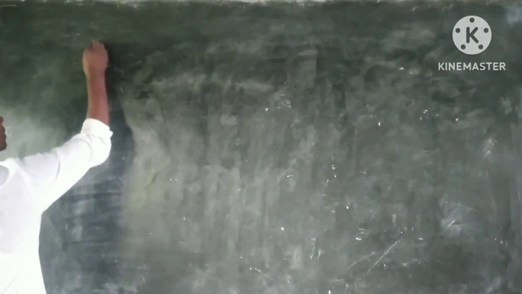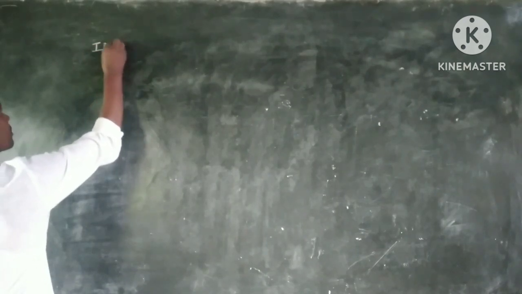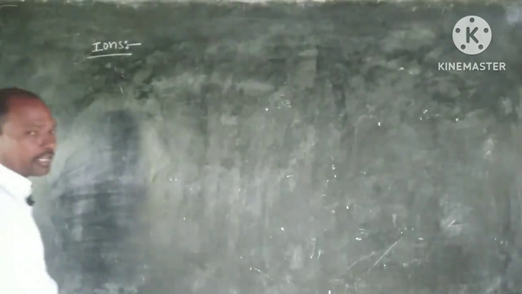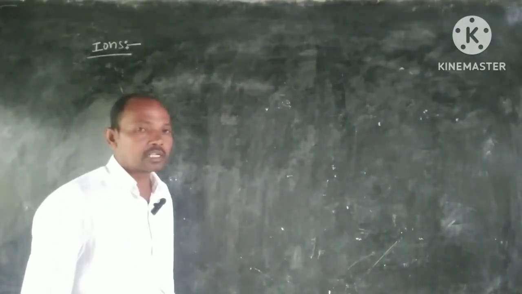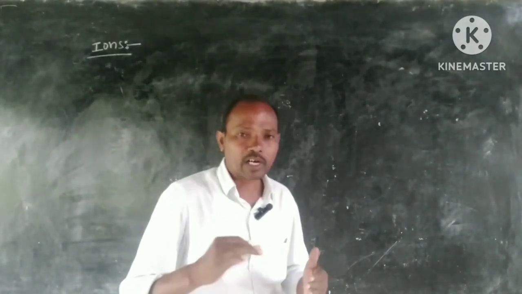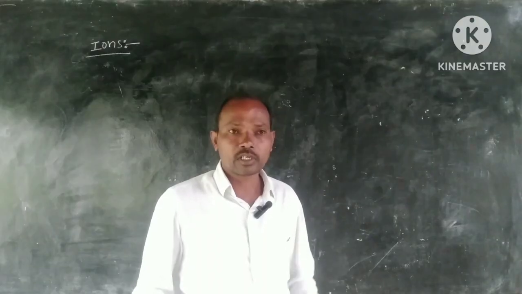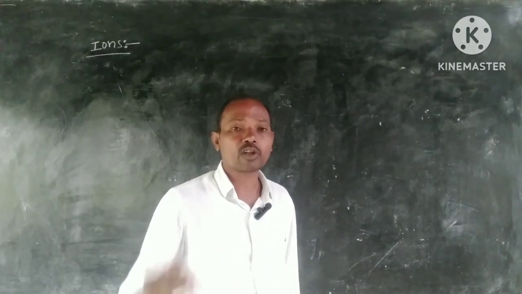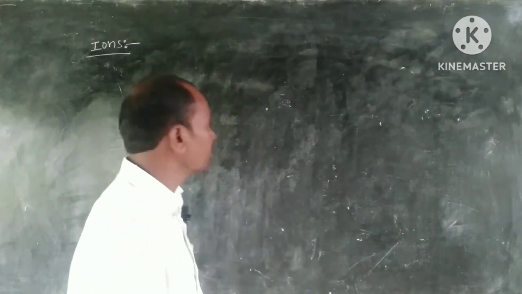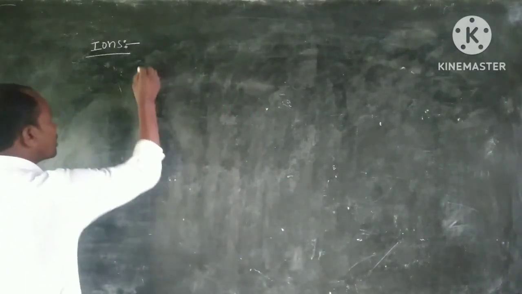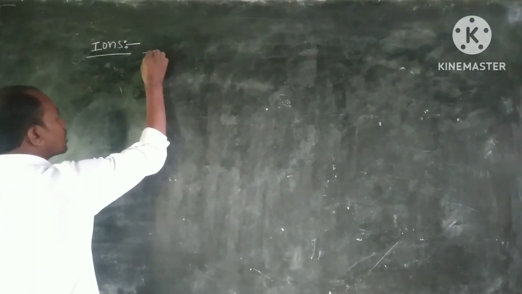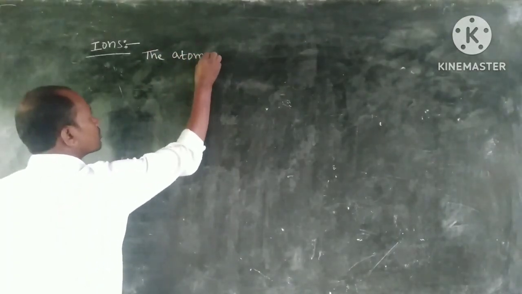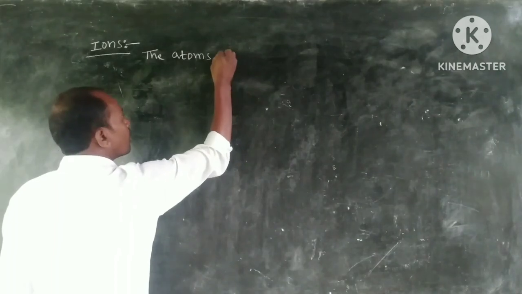So what are ions? Ions means the atoms or molecules which have either a positive charge or a negative charge. They are called ions.